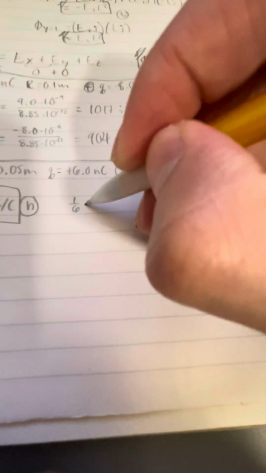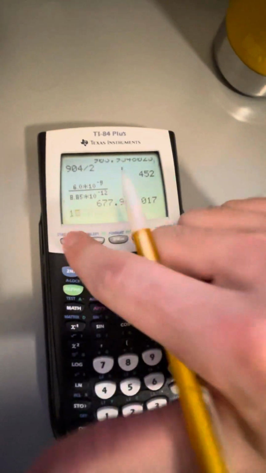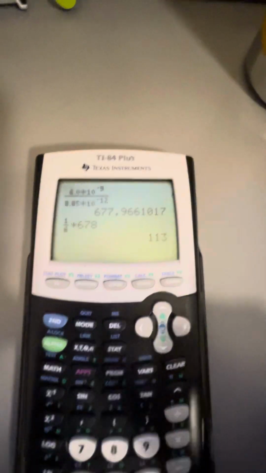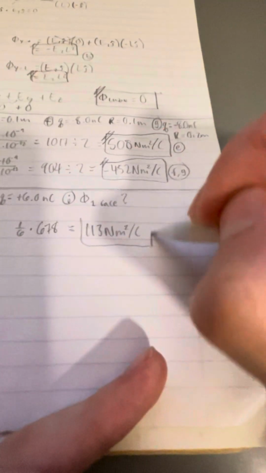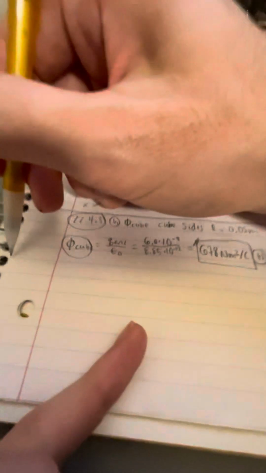We only want to know for one out of those 6 faces, and then we multiply that by the electric flux calculated, 1/6 times 678, and that is 113. So that is the electric flux for just one out of the 6 cube faces. That's part I. And then the last one, I'll just do it on a separate page.